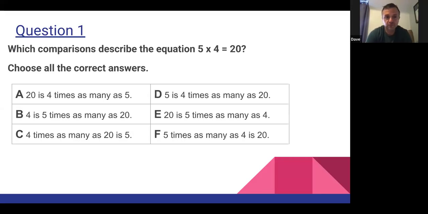That one also works. So our answers are A, E, and F. Everything needed to be 20 is 20, right? That lets us know that's our big one. That's how we compare them. 5 times 4 and 20. We're comparing them. So our answers are A, E, F.